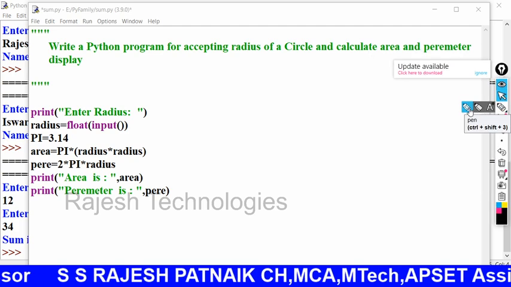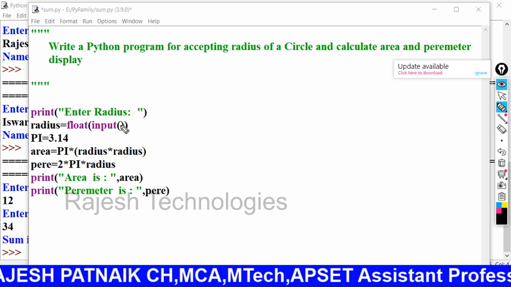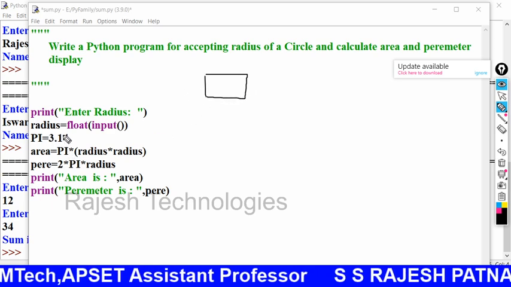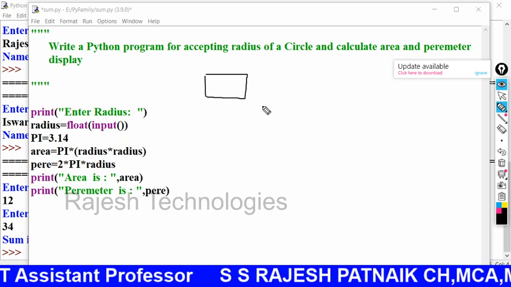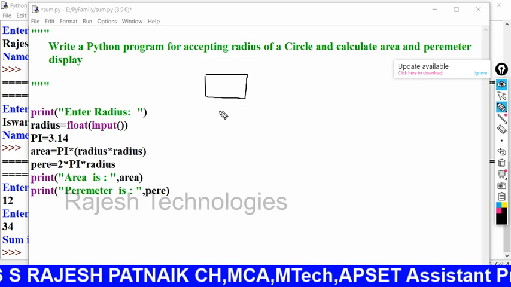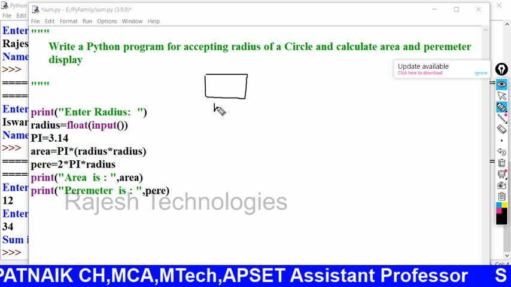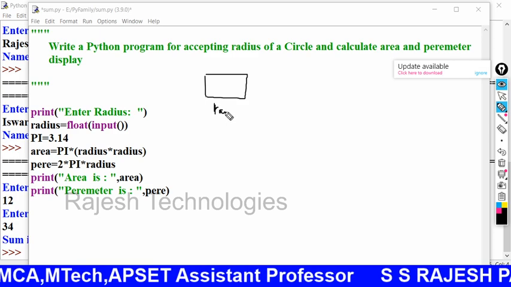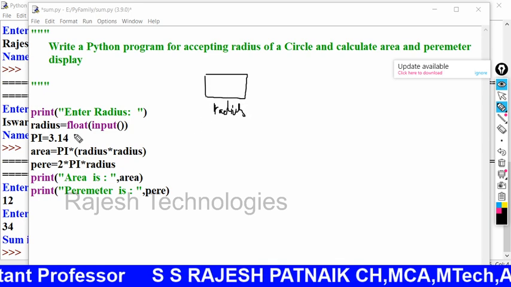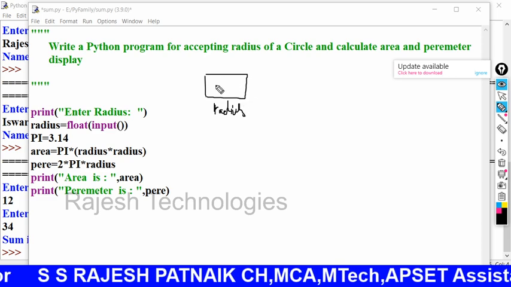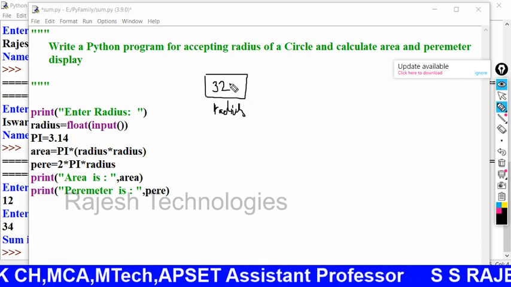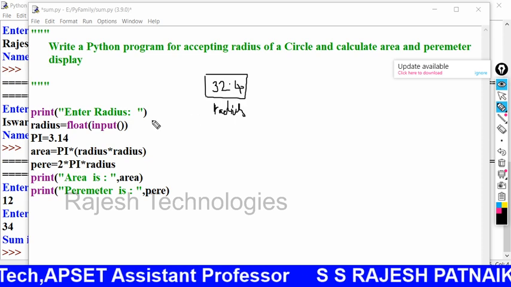I will take a pen here. Okay, radius is one variable. If you enter any value, radius is one variable. I can write radius here. Whatever value I enter, that will be stored. For example, 30.4, I entered.